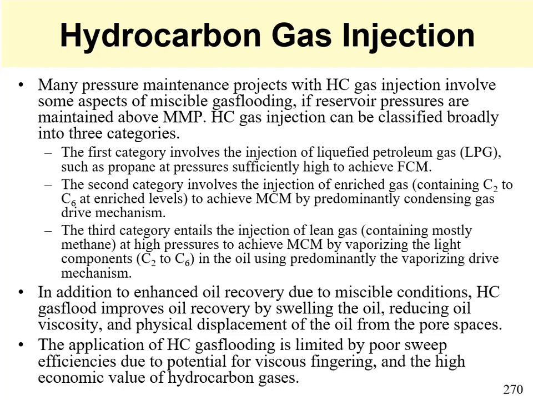The second is injecting enriched gases, that's in the C2 to C6 range, to achieve multiple contact miscibility, predominantly using the condensing gas drive mechanism. And the third category is injection of lean gases, which are mostly methane, at high pressures to achieve multiple contact miscibility by vaporizing the light components in the oil.